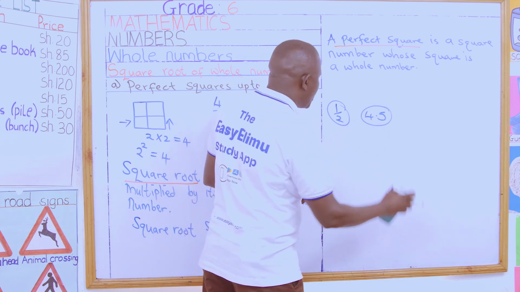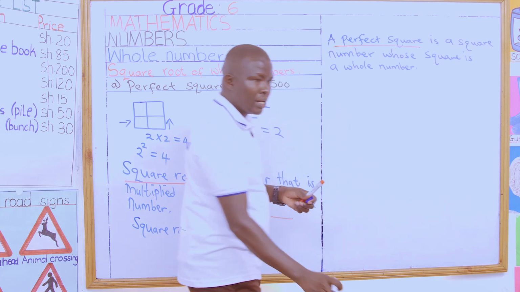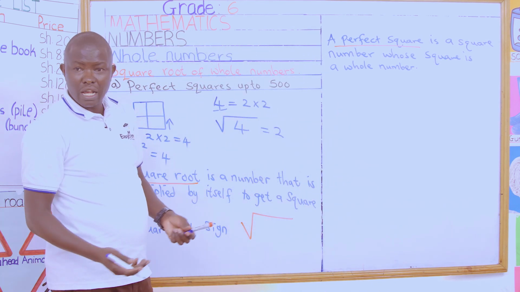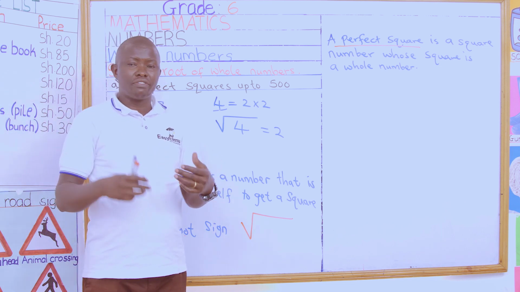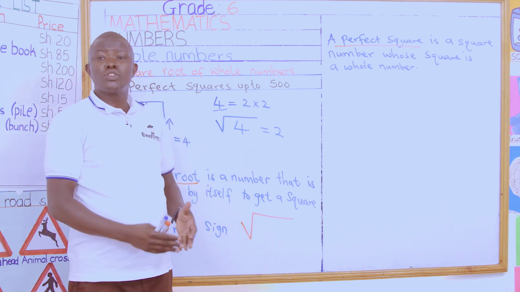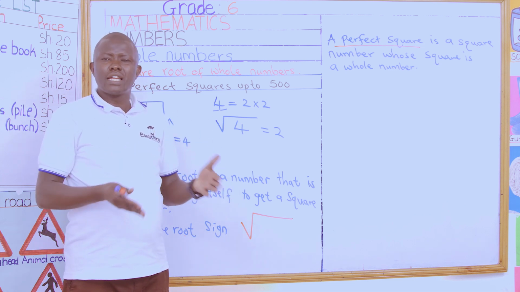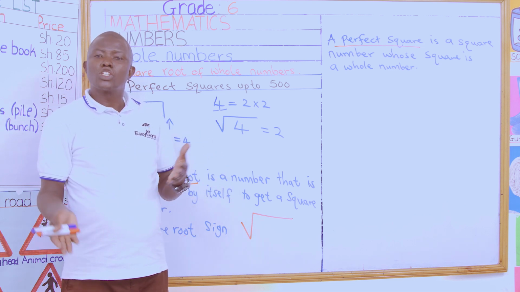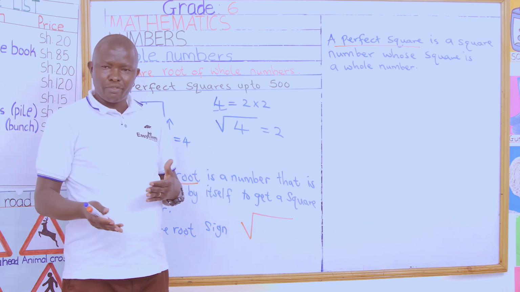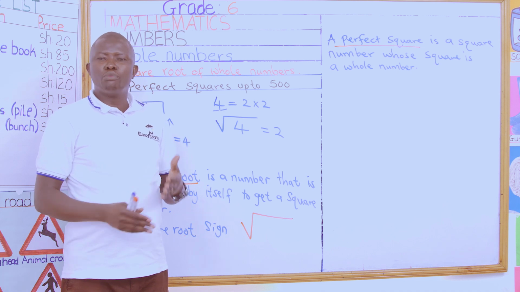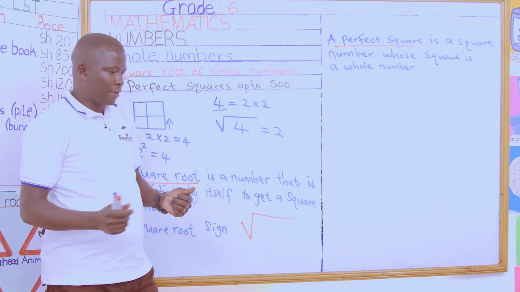But 4 is a whole number, and 9 is also a whole number. When I multiply 10 times 10, we get 100. So 100 is a perfect square. 5 multiplied by 5 is 25. So 25 is a perfect square.